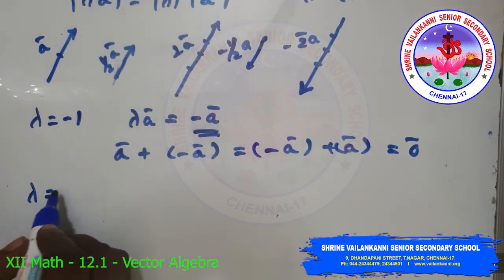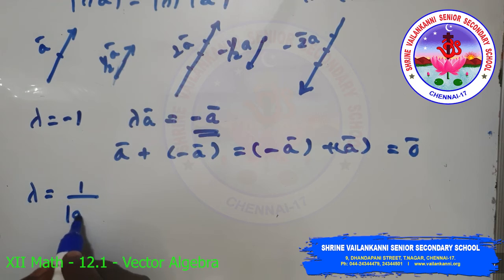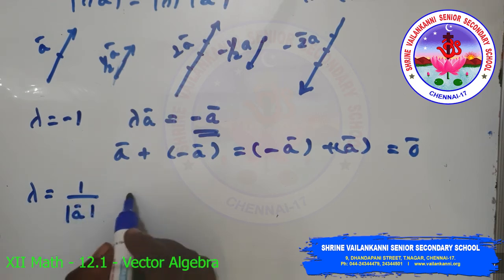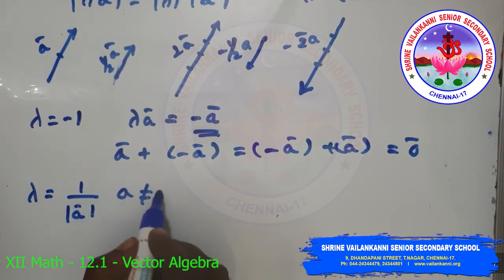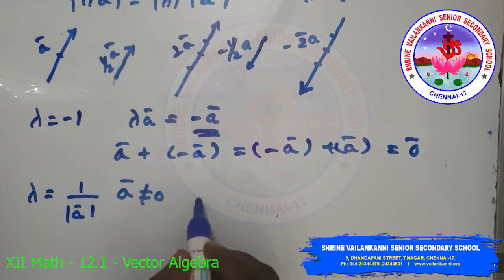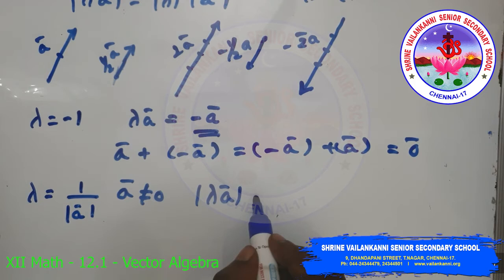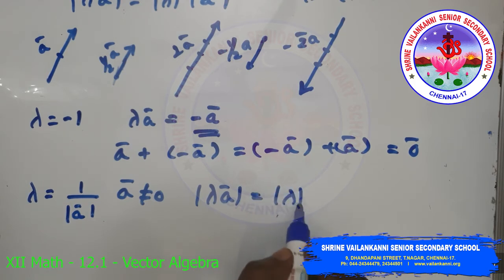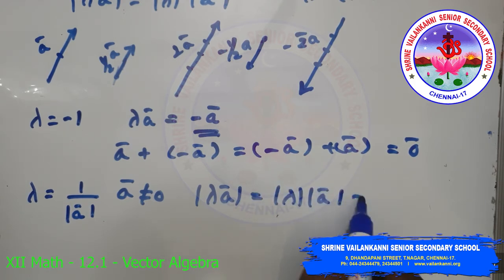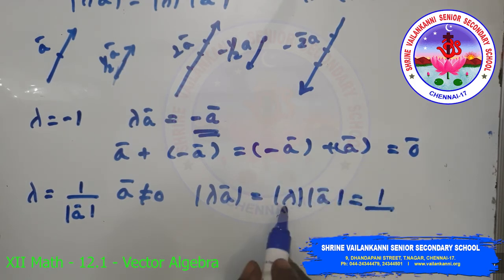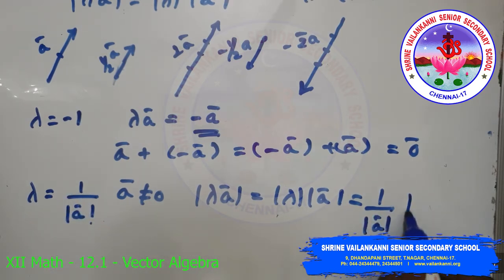If lambda equals 1 by magnitude of A, provided A is not equal to 0, that is, A vector is not a null vector, then magnitude of lambda A is equal to magnitude of lambda into A, which is equal to 1 by magnitude of A into magnitude of A, which is equal to 1.